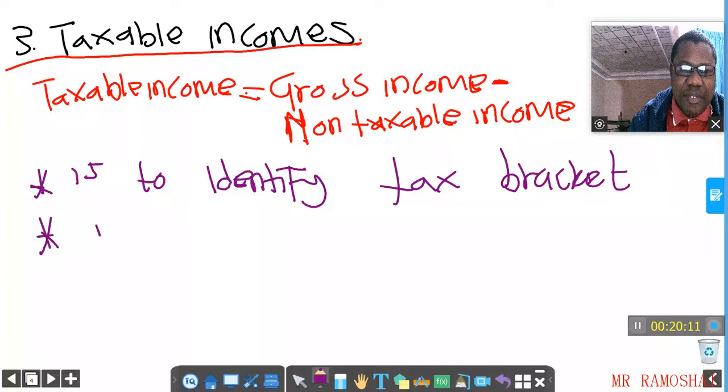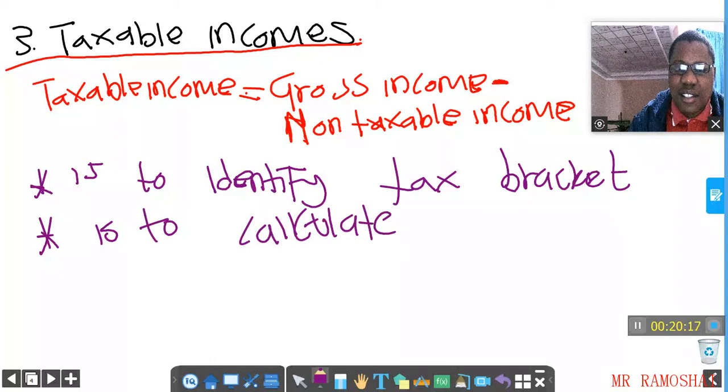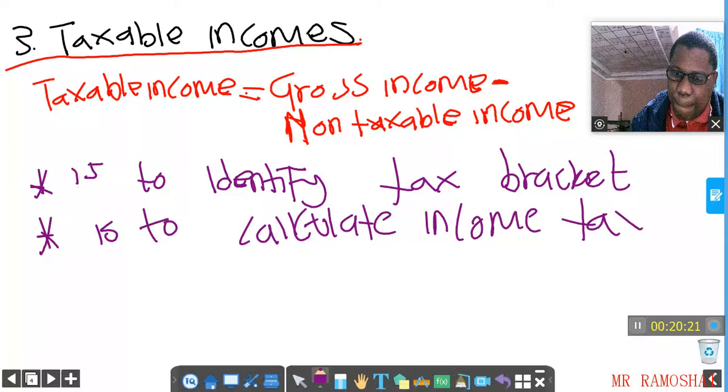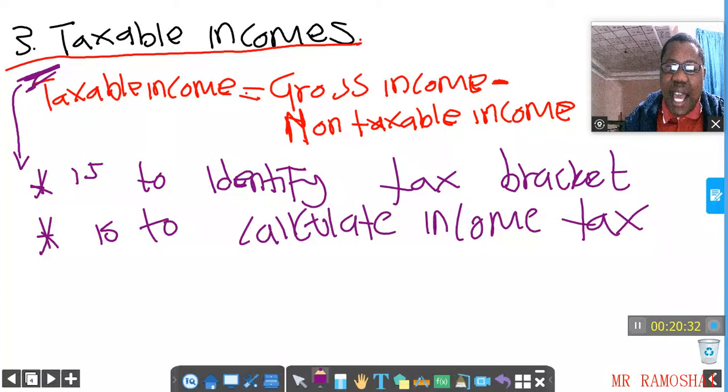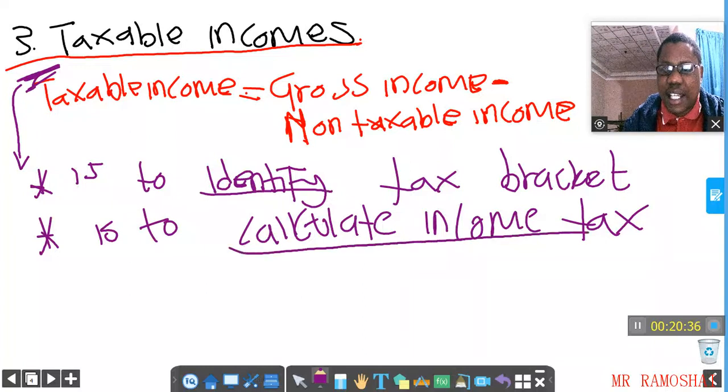Then the second thing is to calculate income tax. You see here, I'm talking only about the taxable income. This taxable income is going to help us to identify the tax bracket and also to calculate the income tax. All right, I hope you captured that perfectly.